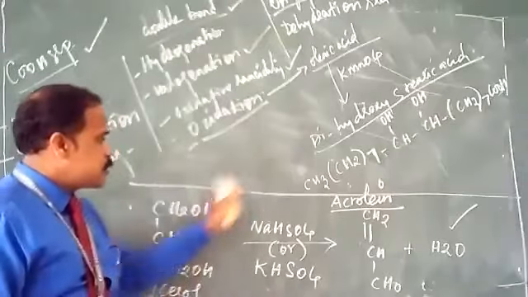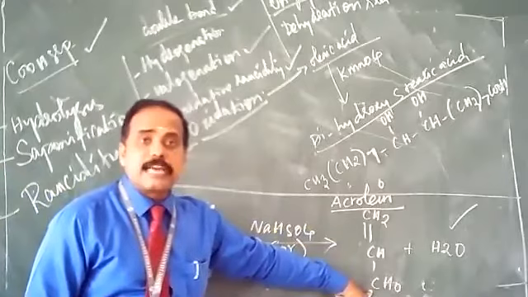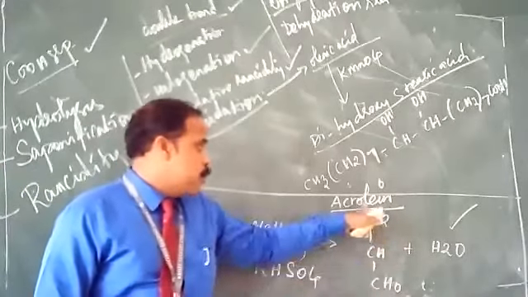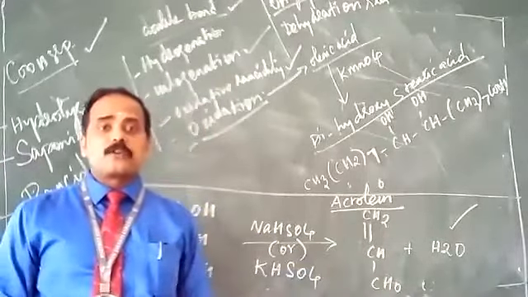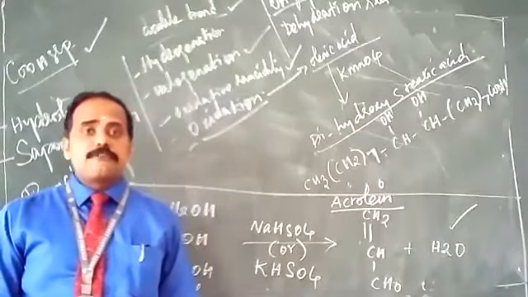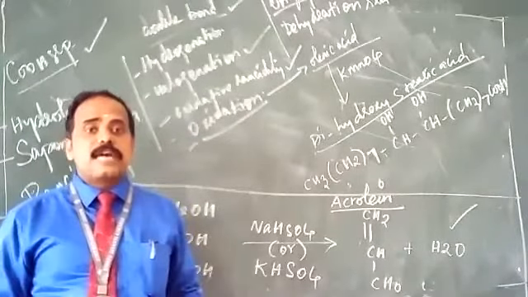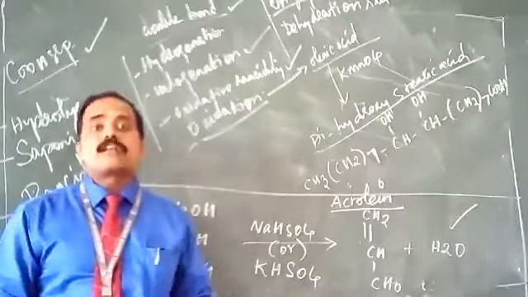So glycerol is converted to an unsaturated aldehyde. The aldehyde group is located here, CHO. The formation of acrolein is a very important step, because it confirms that the fat has glycerol content.